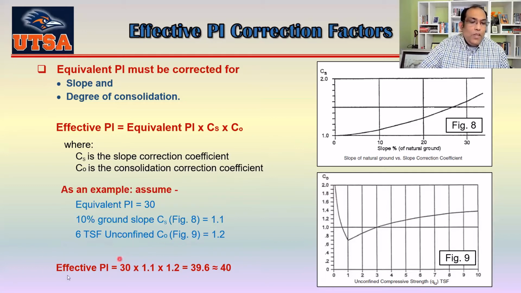So your effective PI would be 30, which is your equivalent PI, multiplied by the factor CS and then multiplied by the factor C naught. So you get 39.6, which is almost 40. Okay, usually we always try to express the PI as an integer, so you have to round it up.